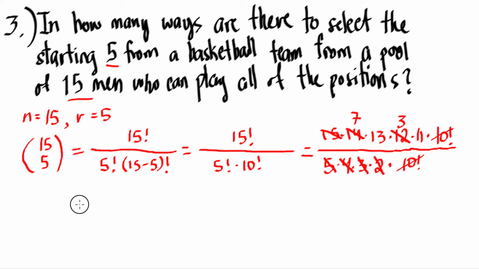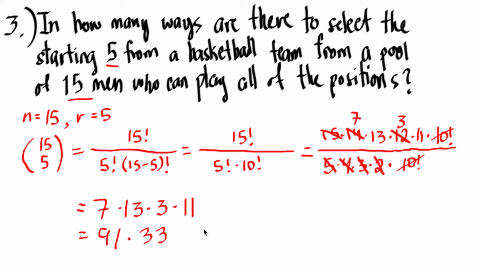So we are left with 7 times 13 times 3 times 11. Well, this is quite familiar, I think we have had this already. So if we're going to do this manually, this becomes 91 times 33.